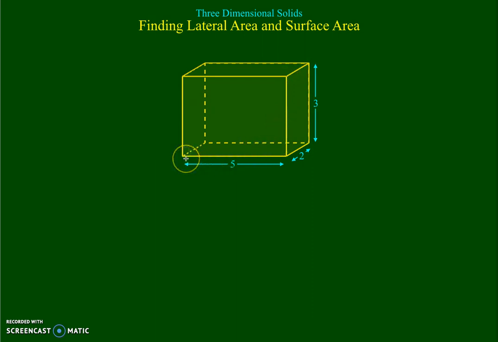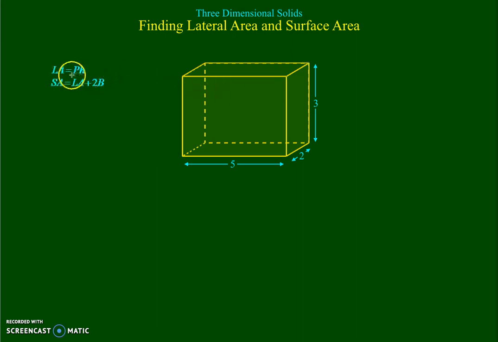If we had 5 times 3 plus 2 times 3 plus 5 times 3 plus 2 times 3, you'll notice that every one of these has a multiple of 3 in it. So what we can actually do to simplify this process is find the perimeter of one of the bases and then multiply that by the height. And that's going to give you the lateral area of your prism.